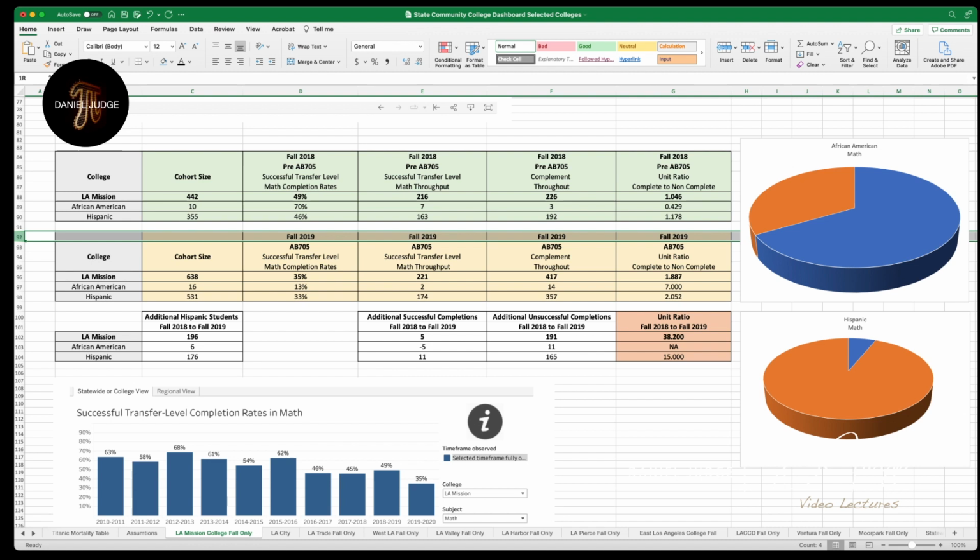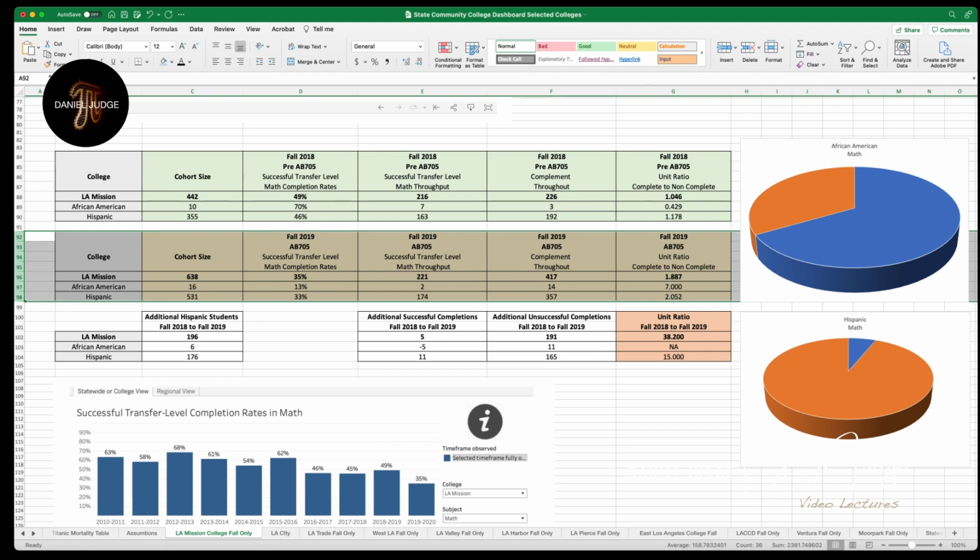In yellow, these are people who are the first year of AB 705. There are also a little bit of issues here I may mention, but we're comparing pre-AB 705 and then AB 705 on that first year. We're going to compare this data.